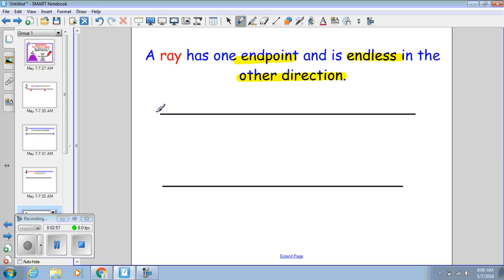I want to make sure I include an end point on one end, and then on this end, I'm going to use an arrow to represent that it's endless in this direction. A ray might be seen this way, or it may be seen another way too. We could use the arrow on this end and the end point on this end. So this is the ray.